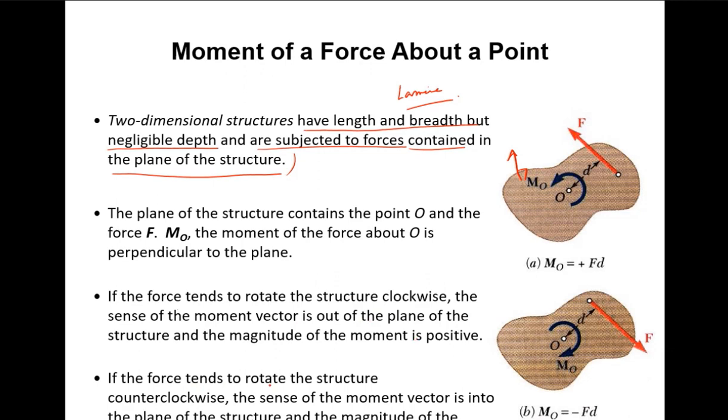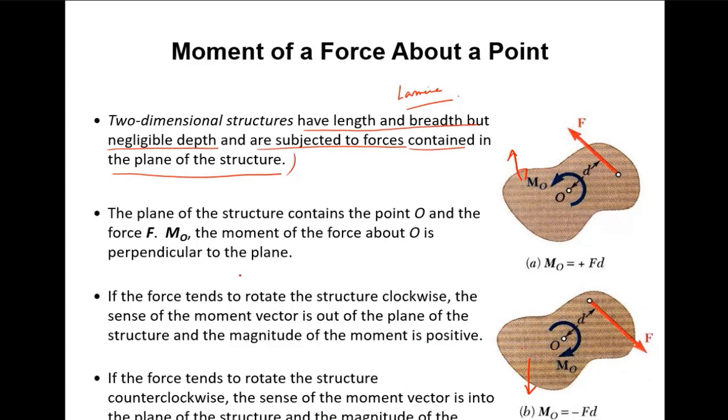And if the force tends to rotate the structure counterclockwise, the sense of the moment vector is into the plane of the structure, which means inside, and the magnitude of the moment in that case is negative.